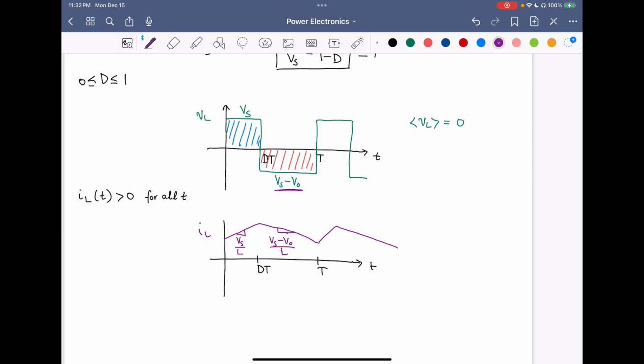So these are our waveforms for the inductor voltage and current.